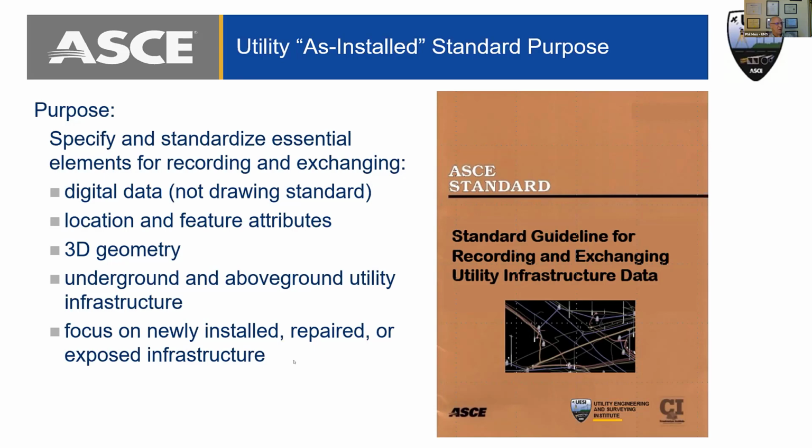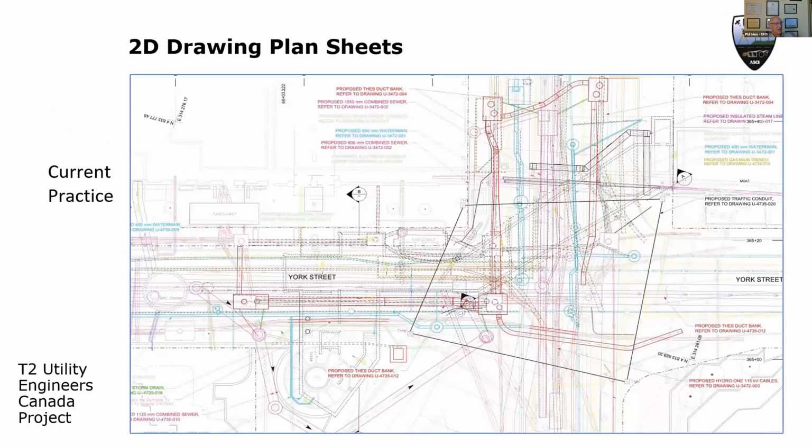And we wanted to focus on newly installed or exposed infrastructure. Every time somebody's out there digging in the right of way, there's a great opportunity to get beautiful data rather cheaply. And if we collect it to the standard, which is really not a big deal, especially with the technologies we have today, it can help us.